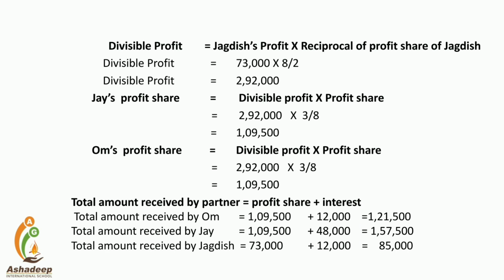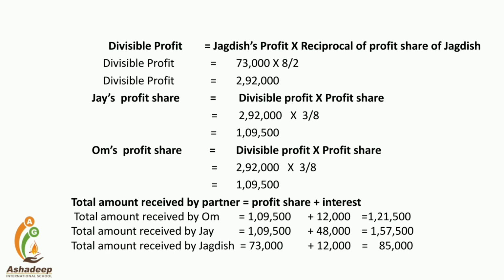Now we have the value of divisible profit. So we can distribute this profit among the partners in their profit sharing ratio. So Jay's profit share is equal to divisible profit multiply his profit share. Now we have the value of divisible profit, that is 2,92,000, multiply Jay's profit share, which is 3 by 8.